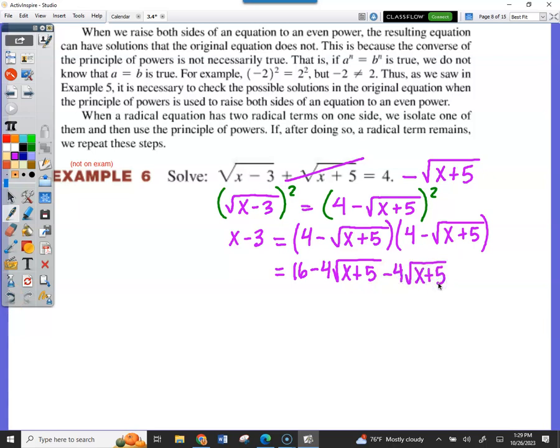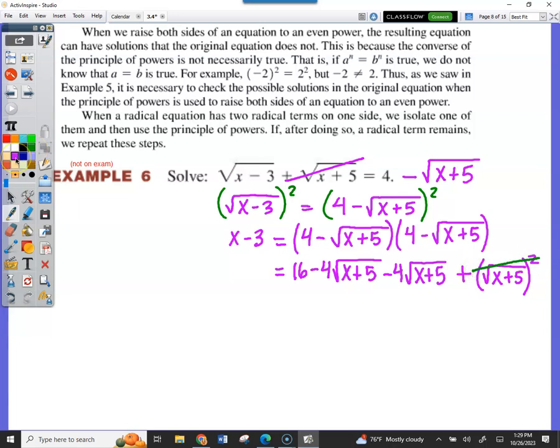And then last times last: negative times negative is positive. What happens when I multiply the square root of x plus 5 times the square root of x plus 5? You end up with just x plus 5 because it's getting squared. I'm showing you where this is coming from. This would end up canceling.